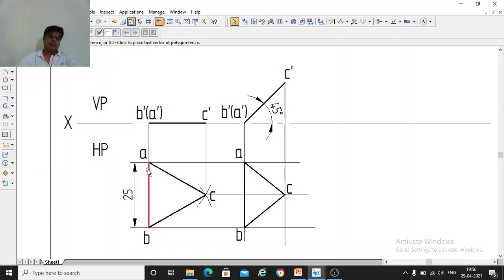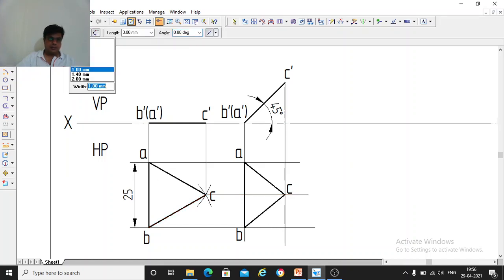In the previous problem, he had given that one of the edges was inclined to VP. But in this problem, he is telling you to take the median, and that median is inclined to VP. So here in the triangle, we have to draw one median, any one median. I will take this C, I will draw one line from C and join it to the midpoint of AB, and I will give some name to that point.